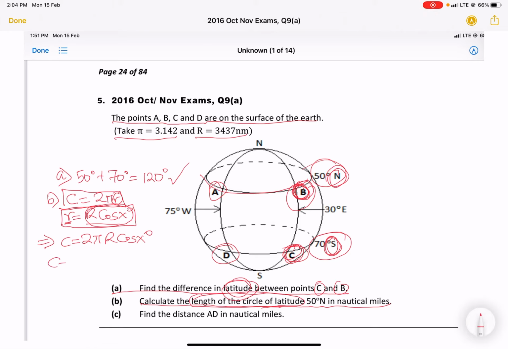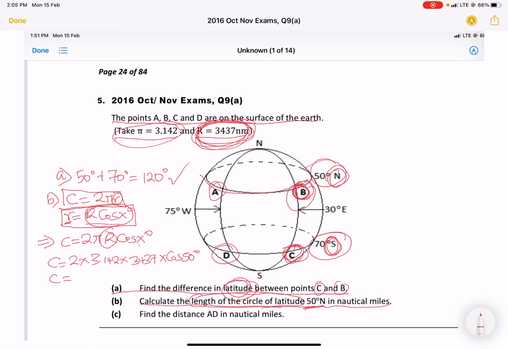So circumference is equal to 2 times pi. Our pi is 3.142 times the radius of the earth, which is 3437 nautical miles, times cos x, where x is the latitude, and we've been given the latitude, which is 50 degrees.